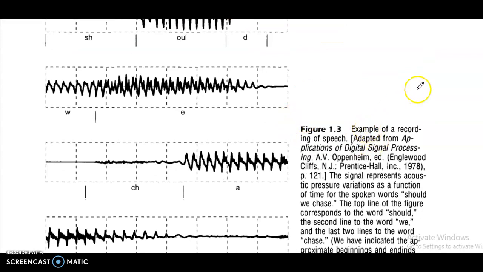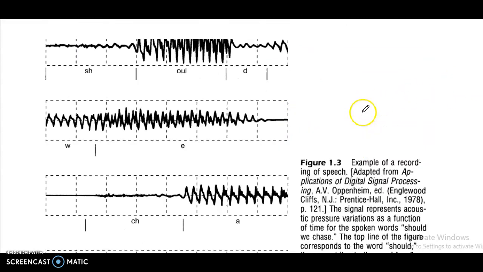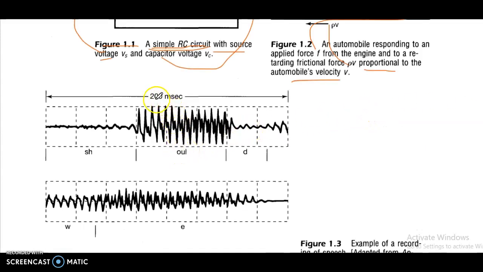Figure 1.3 shows an example of a recording of speech over 200 milliseconds.